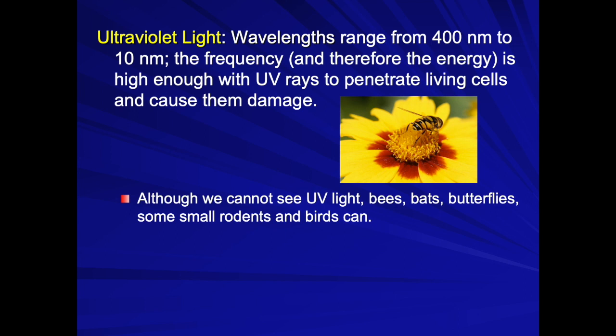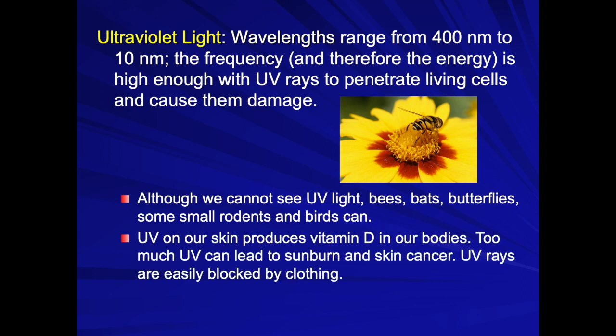However, we do need UV to produce vitamin D in our bodies. UV rays are easily stopped. Although humans cannot see UV light, bees, butterflies, and some small birds and rodents can.